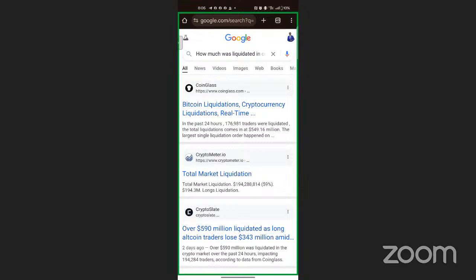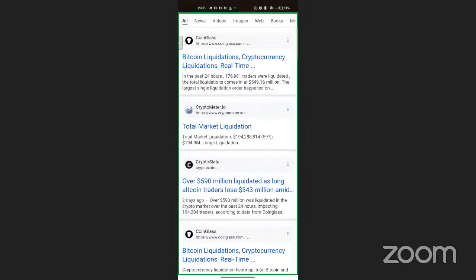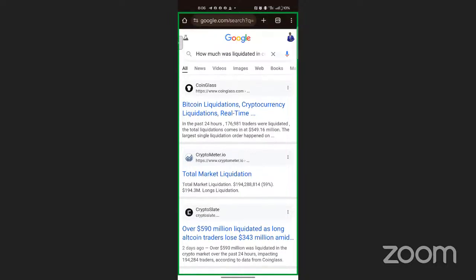Market liquidations. Over $550 million were liquidated as longs. And $343 million in 24 hours, according to CoinGlass, in the past 24 hours.